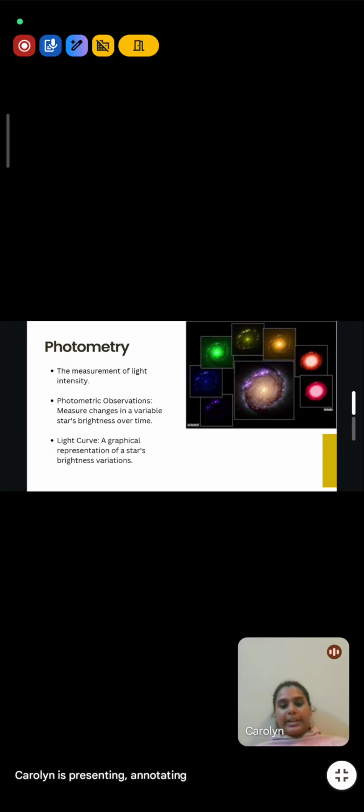And photometry in detail, because we are looking more into photometry than spectroscopy in our sessions, I'm trying to give you a little more idea about photometry. As I've mentioned, it is a measurement of light intensity, and for different variable stars, young stars, all of that, we use photometry to track the changes in their brightness over a long period of time. The resulting data is visualized in a more comprehensible manner with the help of a light curve.